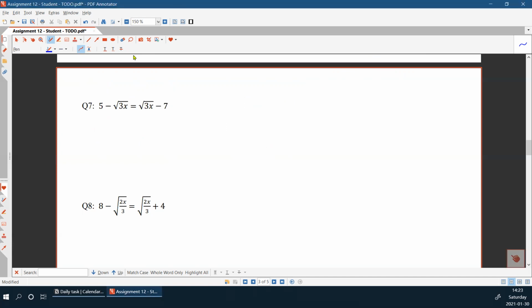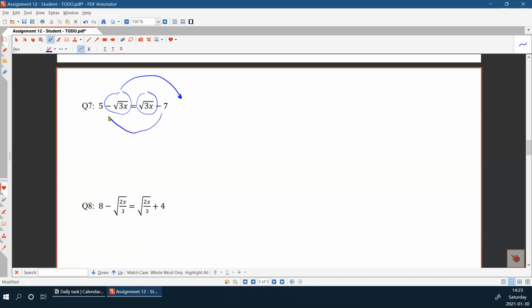Question 7. Note that we have square root 3x on the left-hand side, right? And you have another square root 3x on the right-hand side. So you can put the right-hand side minus square root 3x to the right-hand side of the equation, right?